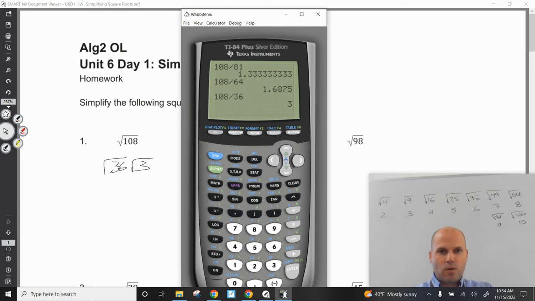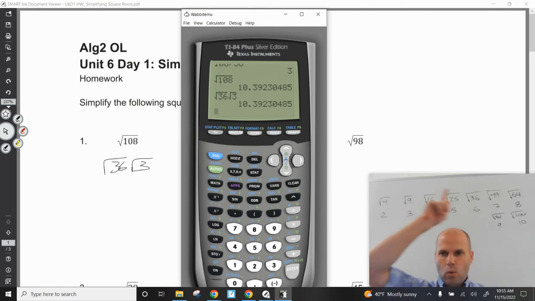Now again, what are we doing? We are going to simplify the square root of 108. Well, we realize that the square root of 36 times the square root of 3 is that same number, and this is how we're checking to see our answers are correct. But what do we know?